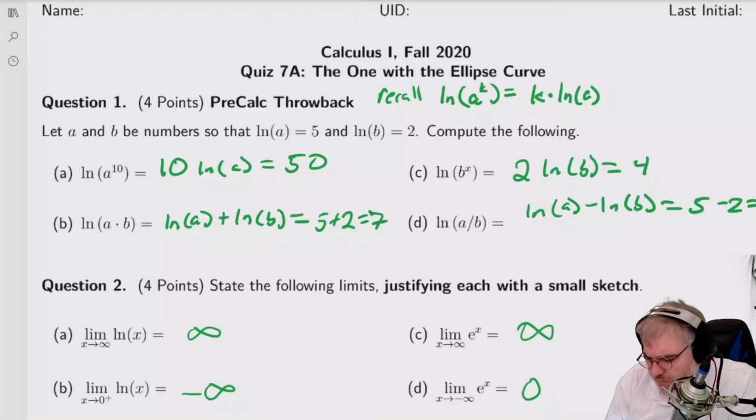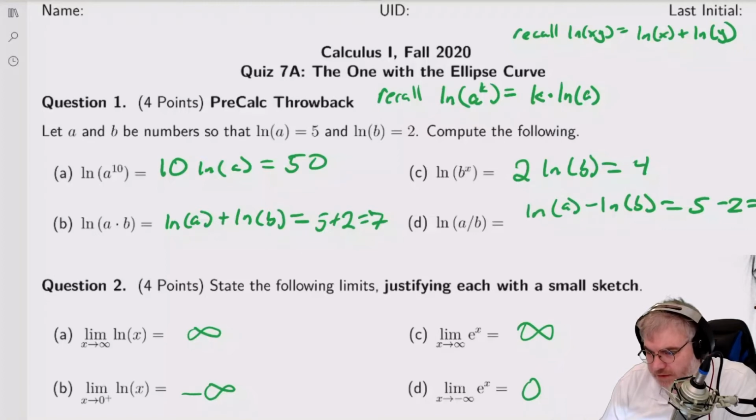Now on the second one, recall that ln of xy equals ln of x plus ln of y. So I pulled those out, and you get 5 plus 2. And then you add them together, you get 7, at least this week, right?